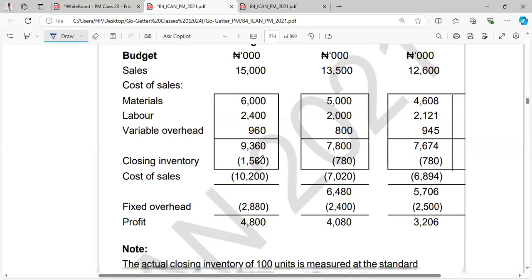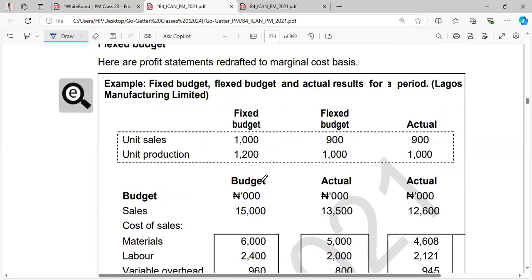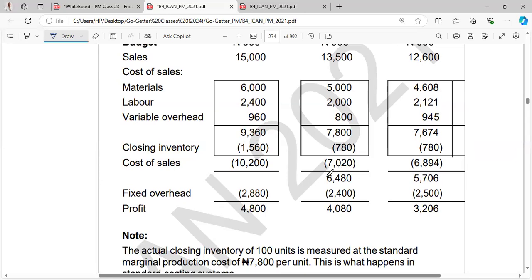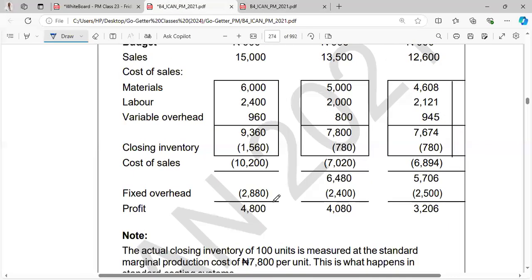The cost of sales happens to be this. This is your variable cost of sales, and this should give you contribution. Of course, the fixed budget will not have contribution, but we can put contribution if you want to. Then the fixed budget overhead is 2,880, the same thing, just that the closing stock differs.